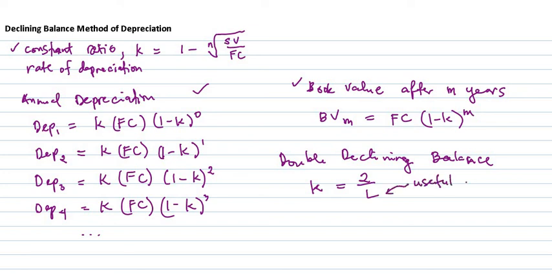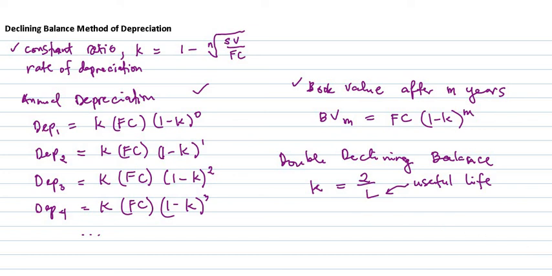That is the only difference between the declining balance and double declining balance methods. Again, the constant ratio or the rate of depreciation is equivalent to 2 over L. In declining balance method, K is equal to 1 minus the nth root of salvage value over the first cost. In the double declining balance, our K is equivalent to 2 over L.